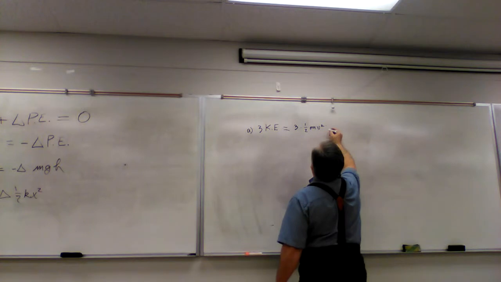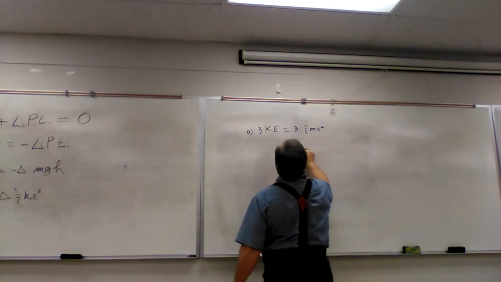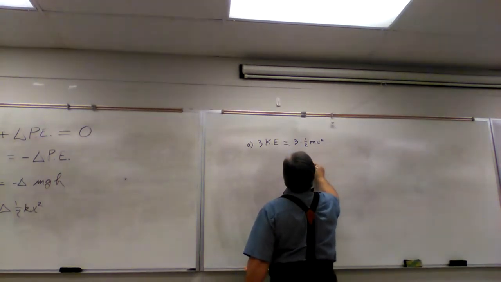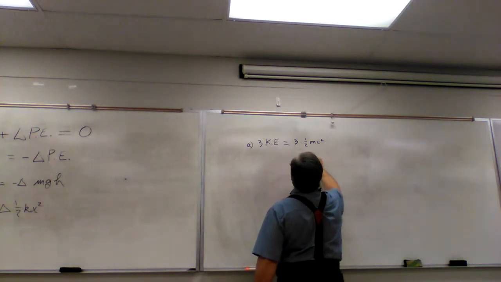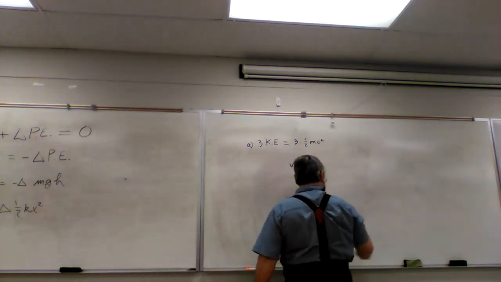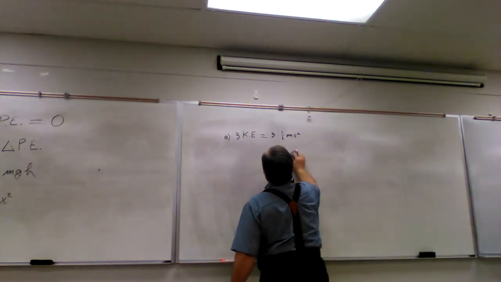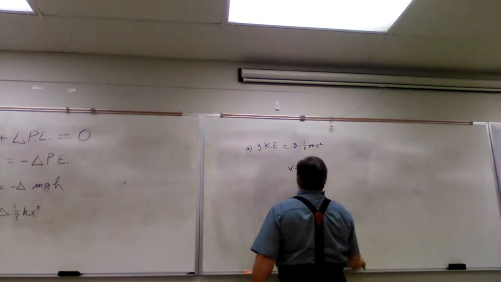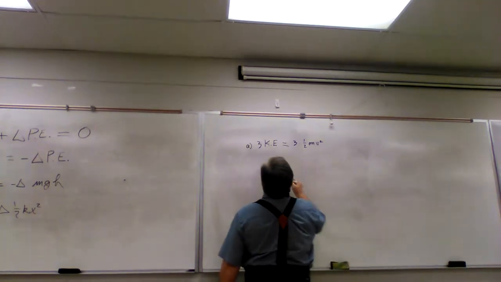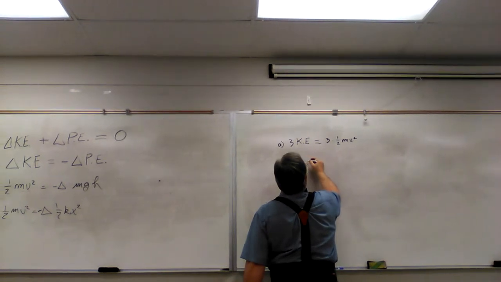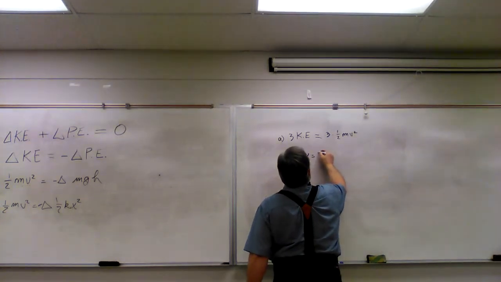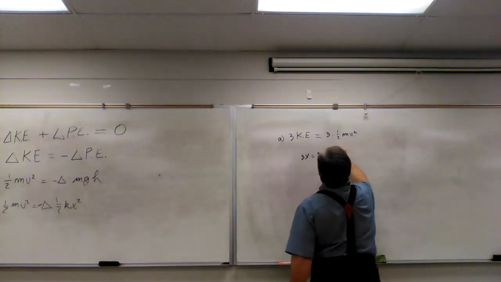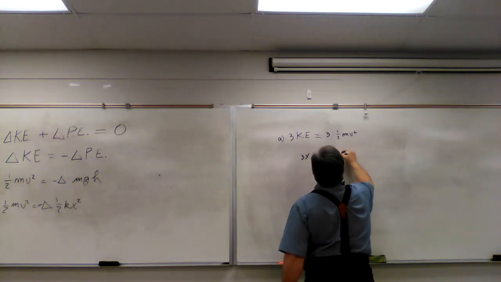Well, first of all, 3 times x is equal to 3 times 1/2 mv squared.